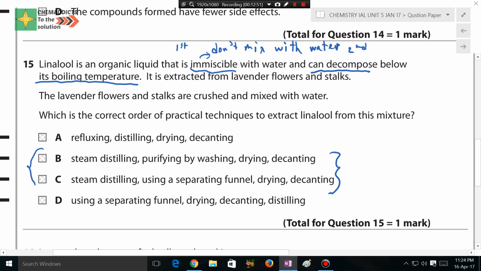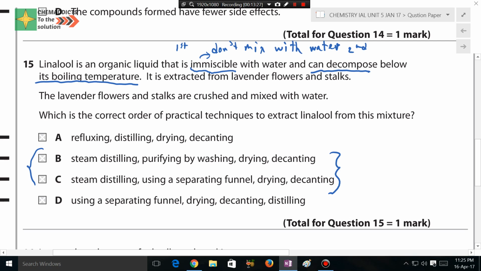We use a separating funnel when we have two immiscible liquids, just like when we want to separate oil from water. Or we may use a separating funnel for separating a precipitate from water or solution.